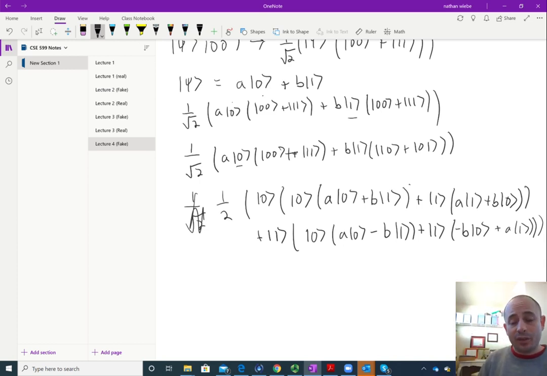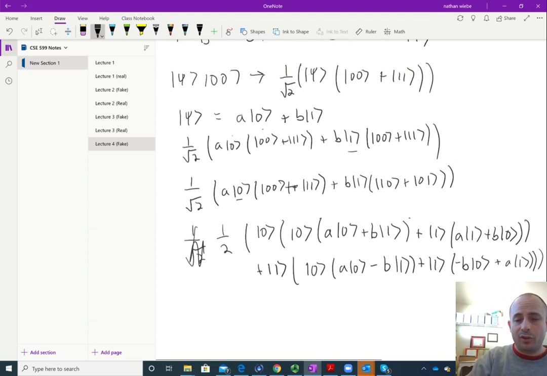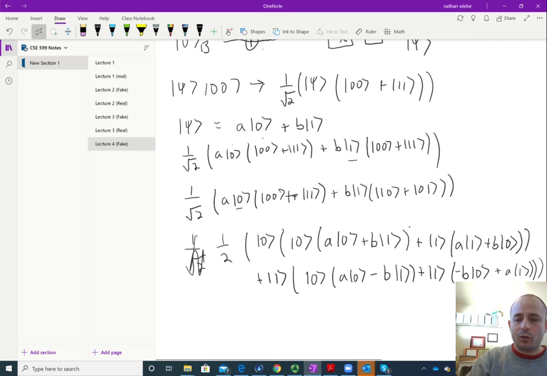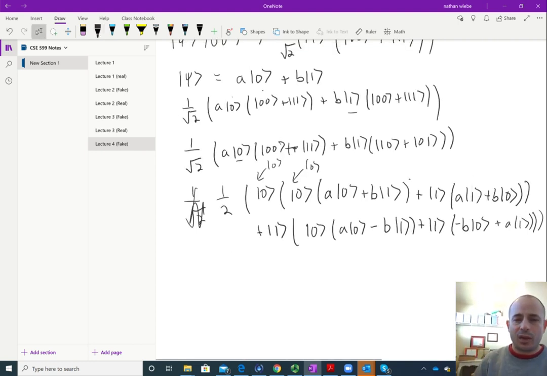So now let's say that Alice measures this qubit, and she measures this one and this one to be 0. Okay, what happens is you can see the action of measurement.